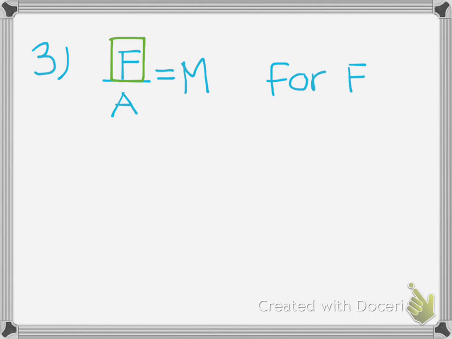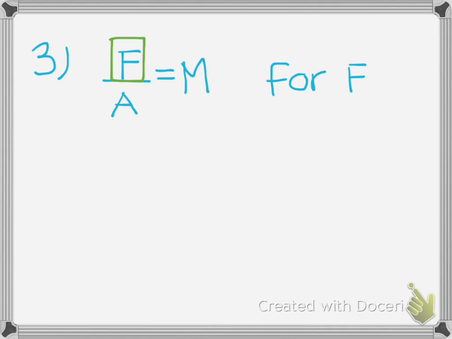Alright, number 3. F divided by A equal M, and we're going to solve for F. The only thing in the way of getting F by itself is the A in the denominator.